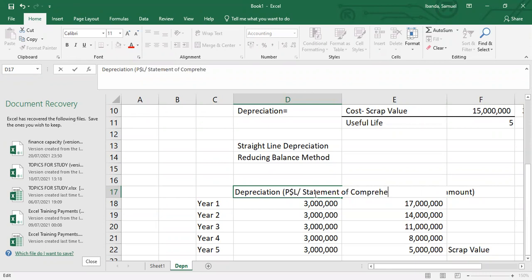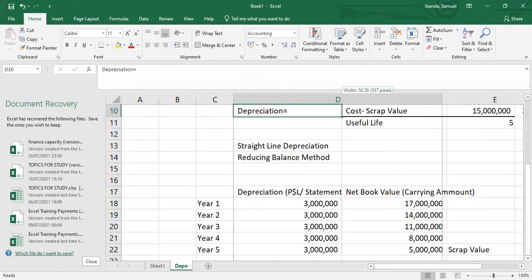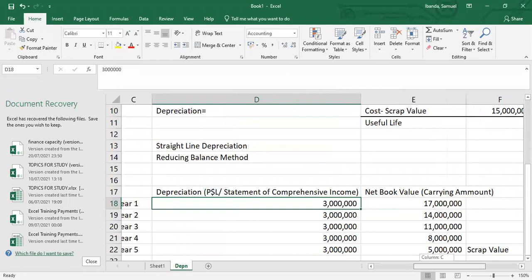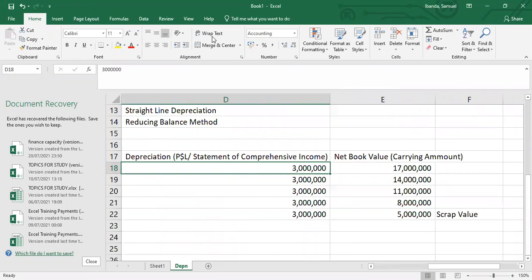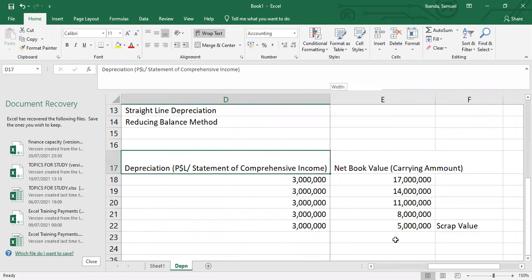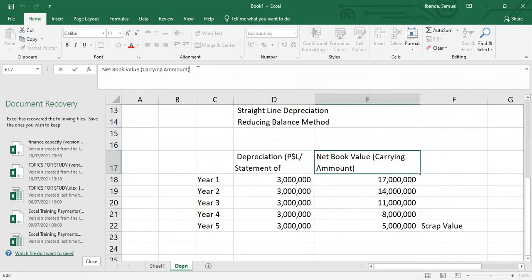Now, this net book value is what you recognize under your balance sheet, which is the statement of financial position.